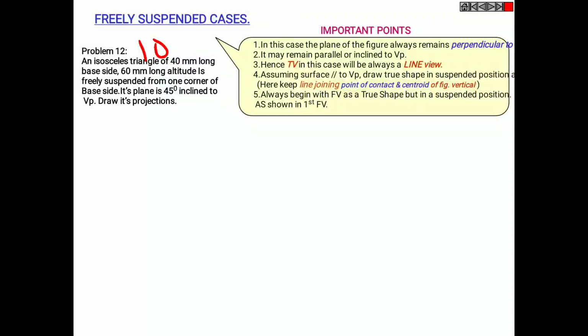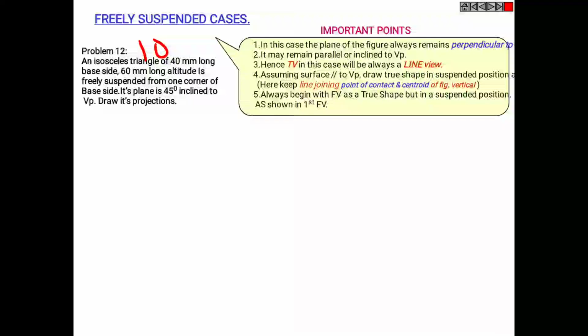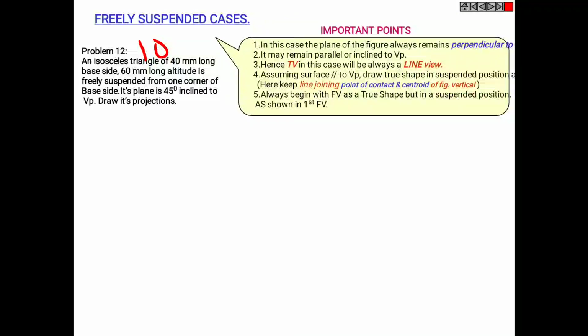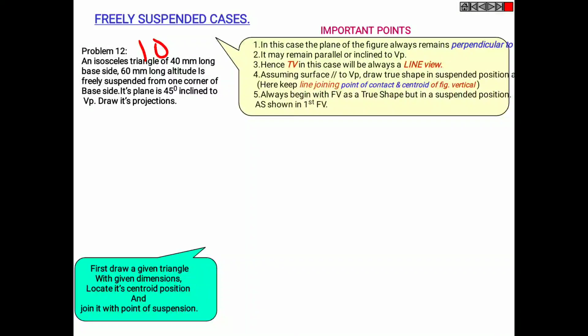Here keep the line joining the point of contact and centroid of the figure vertical. In fact, always begin with FV, nothing but the front view as a true shape, but in a suspended position as shown in the first front view. See, first draw the given triangle with given dimensions, locate its centroid position and join it with the point of suspension.